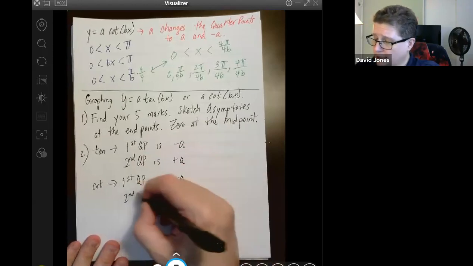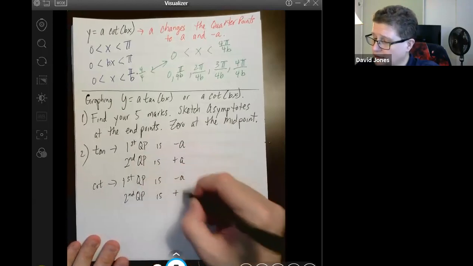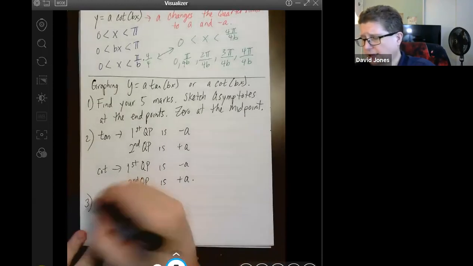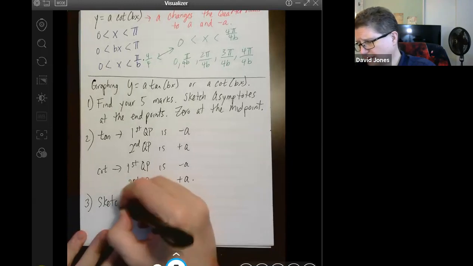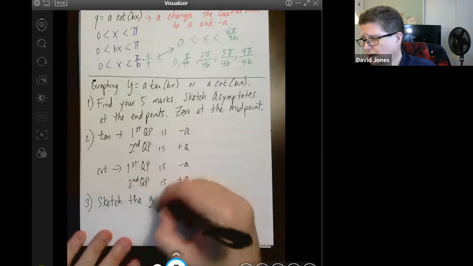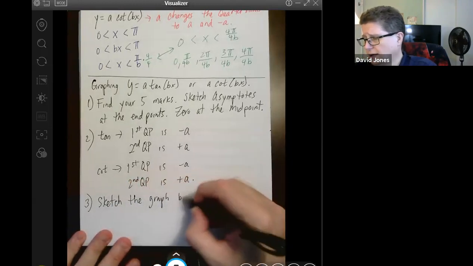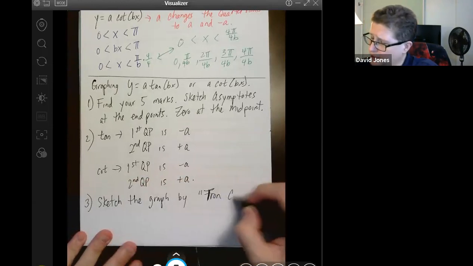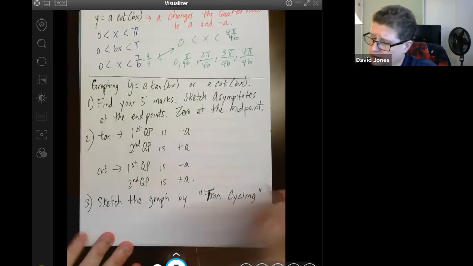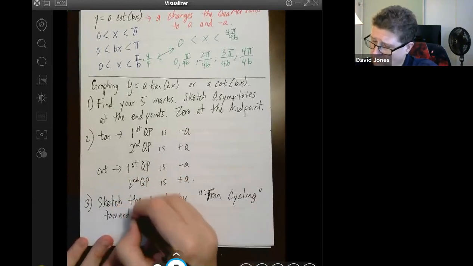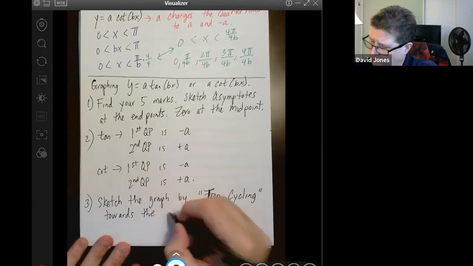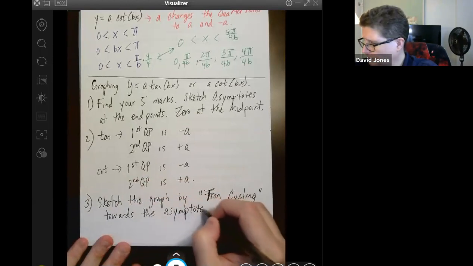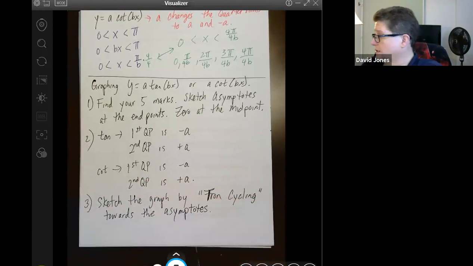Second quarter point is +a. And finally, sketch the graph by cycling towards the asymptotes. Simple as that.